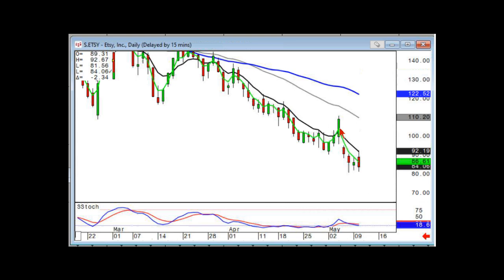Remember, anything that opens below the previous day's open, I would call a kicker type signal. Still a good bearish signal because this candle isn't real huge, but the fact that they gapped it down below the previous day's open, what did that imply about our downtrend? The bears are still in control. Okay, I guess that's about all I got for tonight.